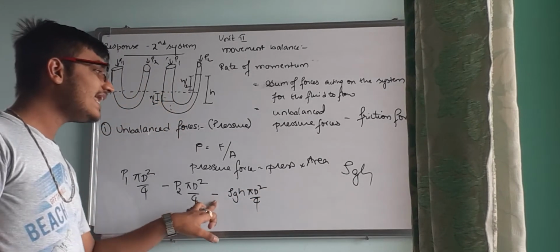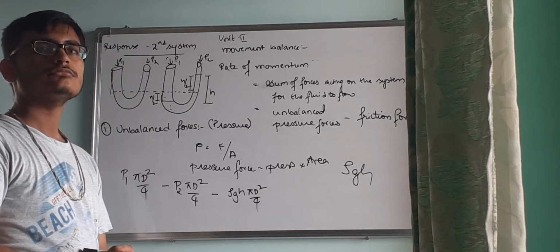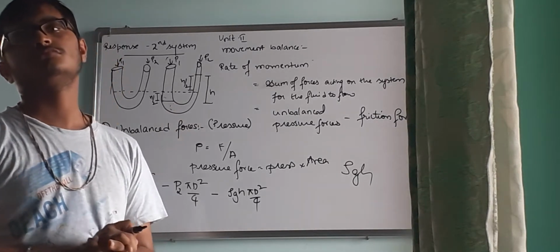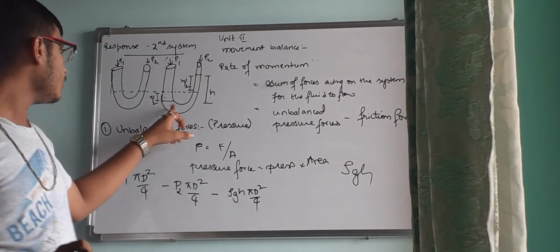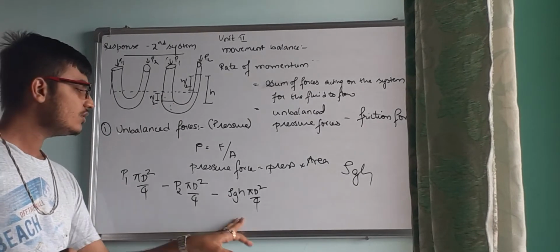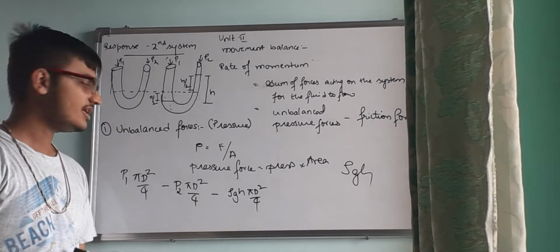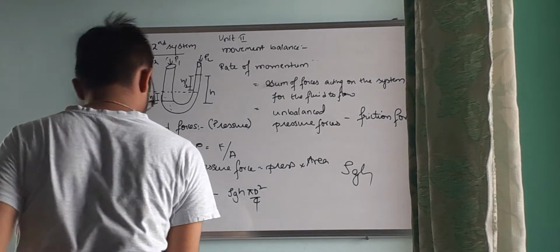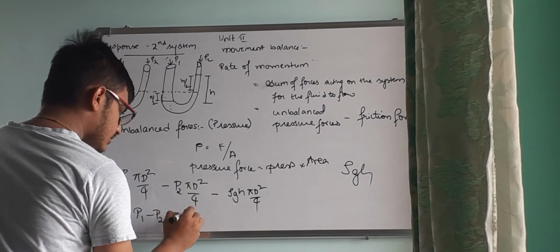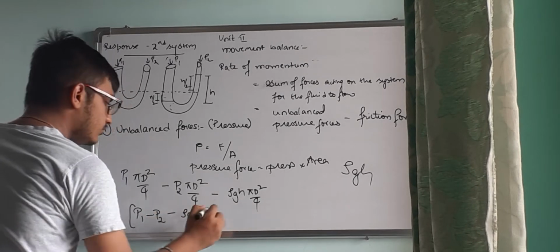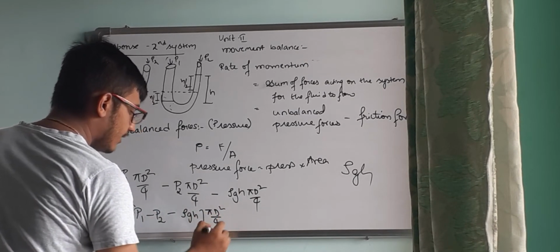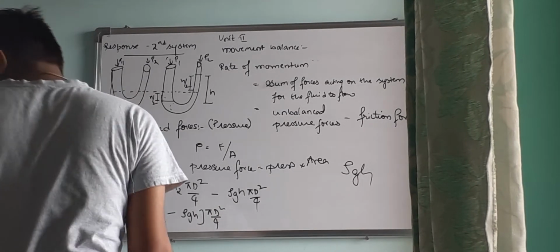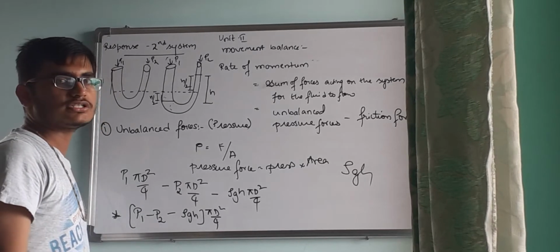Again, why are you subtracting this pressure? Because this pressure is opposing the flow. Hence you subtract it. Okay. So therefore the total is P1 minus P2 minus rho g h, into pi d square by 4, which is the total unbalanced pressure forces.